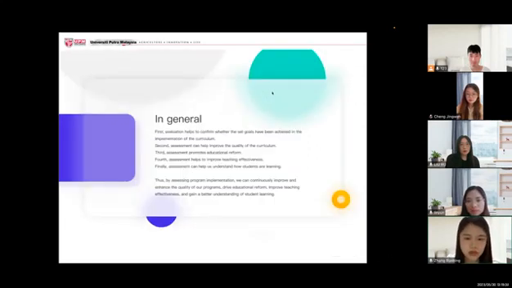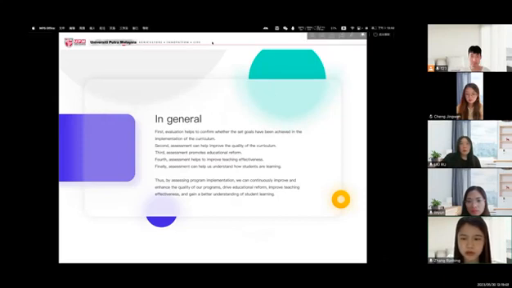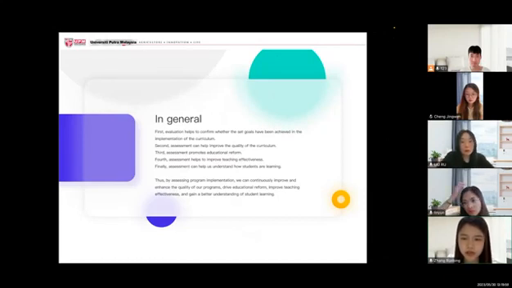In general, firstly, assessment helps to confirm whether the stated objectives are achieved during the course of curriculum implementation. Secondly, assessment can help improve the quality of the curriculum. Third, assessment promotes educational reform. Fourth, assessment helps to improve teaching and learning.